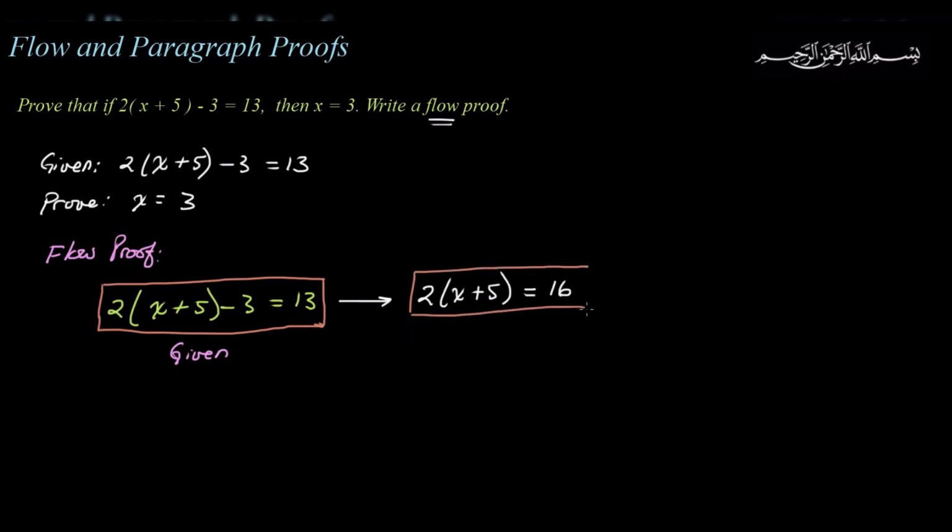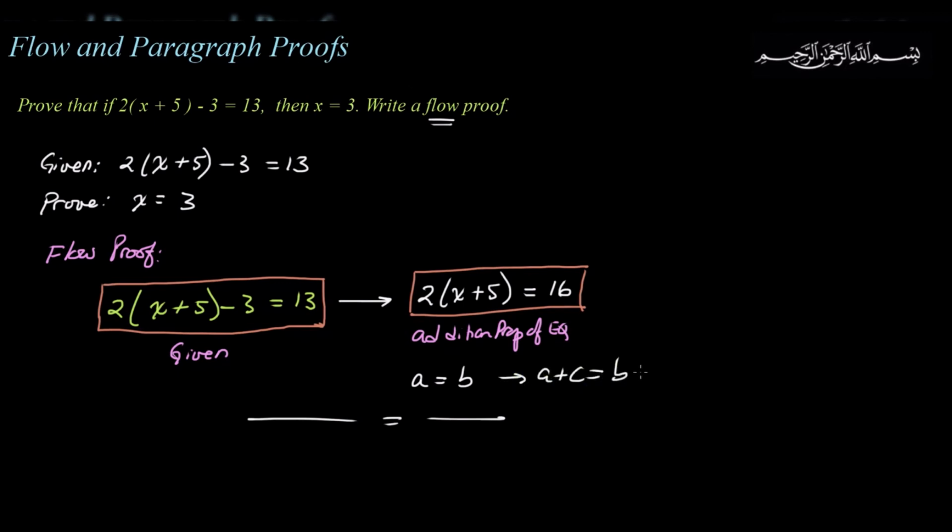Now, why can we do this? Well, if you said this is because of the addition property of equality, you would be correct, because the addition property of equality states that if A is equal to B, if something is equal to something else, then you can add something to both sides, and that would be okay.